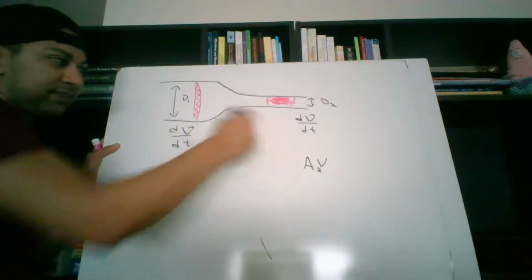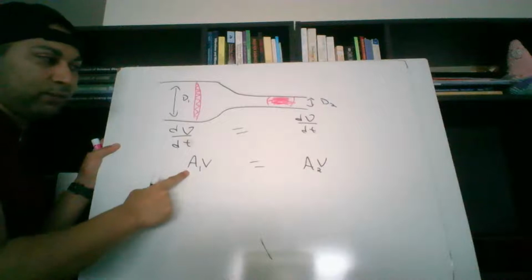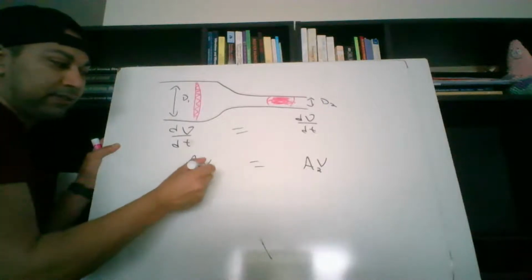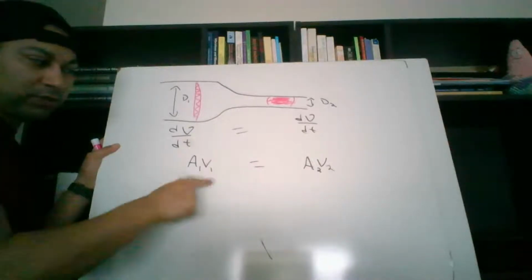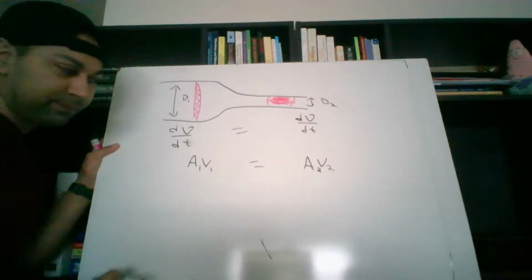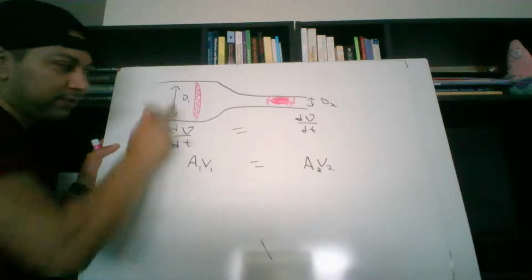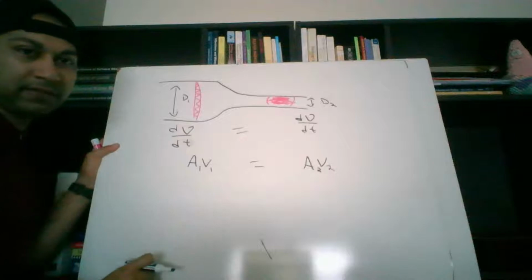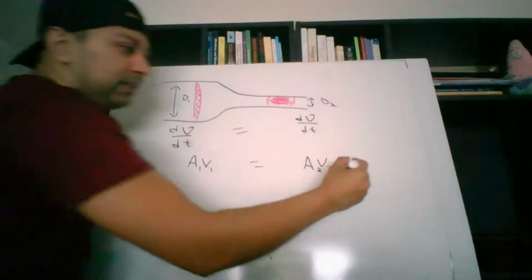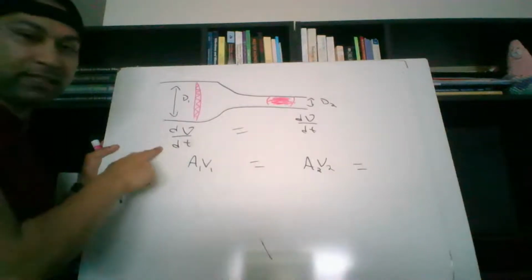And if this and this are equal, these two have to be equal. And so if A1 is not equal to A2, then V1 can't equal V2. But what you do end up with is this equation right here: A1 times V1, the area of this times the velocity of this, is equal to the area of that times the velocity of that. And all of that is going to equal dV/dt.